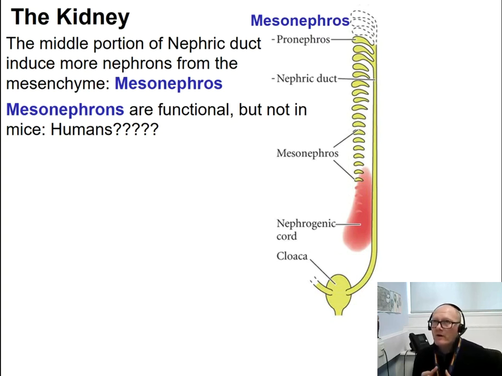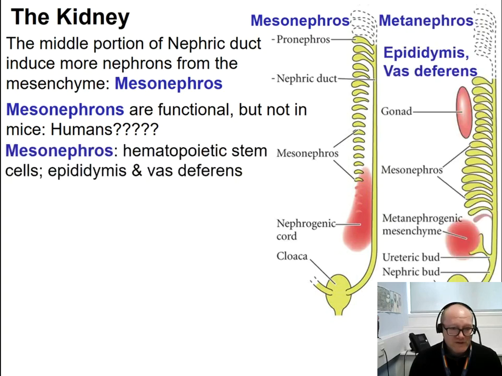Now, the mesonephrons are functional in most vertebrates and in many mammals as well, but they do not really work as blood filters in mice and rats. And it's not very clear whether in the developing human embryo the mesonephrons work as a kidney or not. However, the mesonephrons are still important for two main reasons.